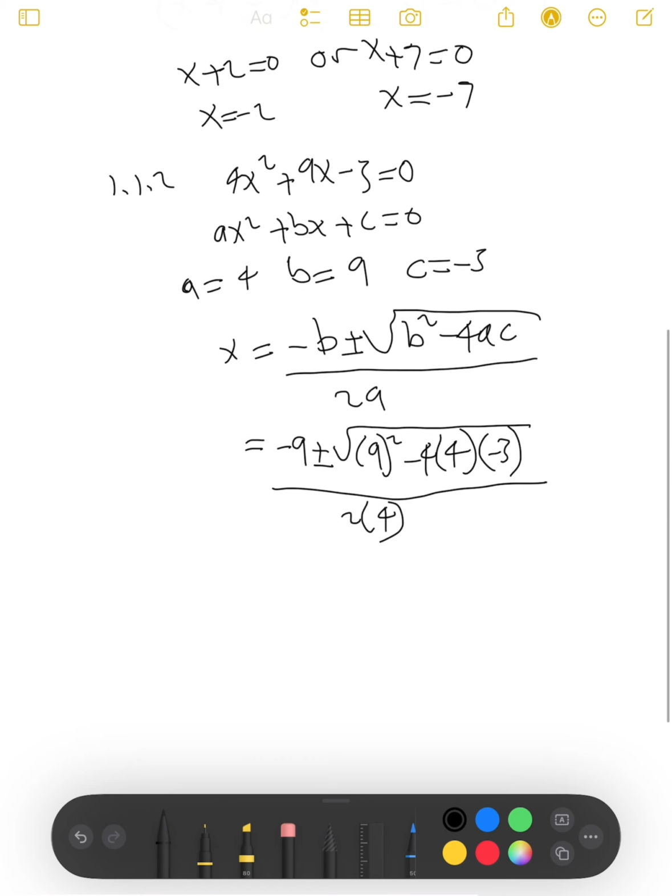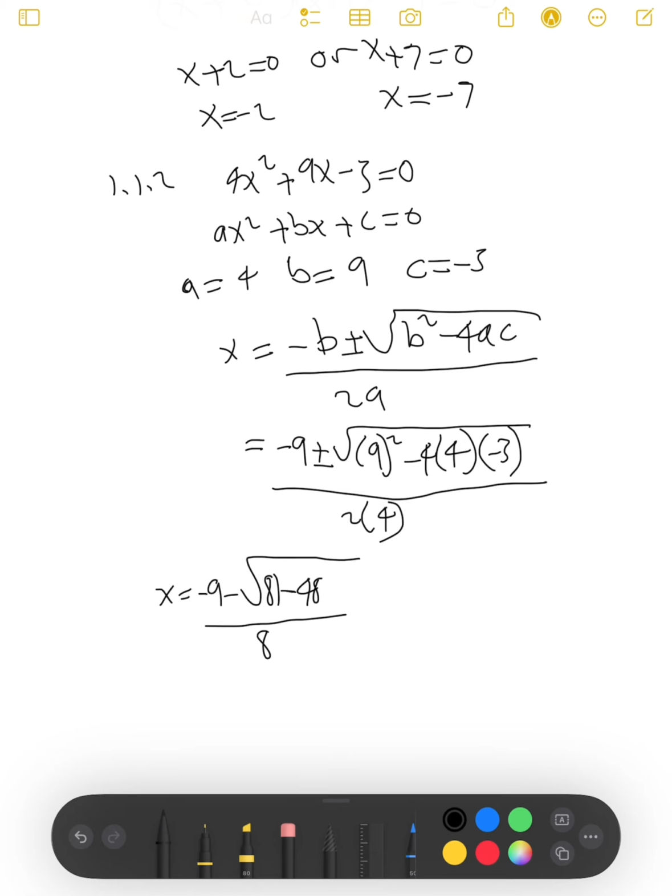From this we then have x equal to -9 minus the square root. Let me just simplify what's on the inside: 81, and -4 times 4 times -3 gives us 48, and at the bottom we have 8.